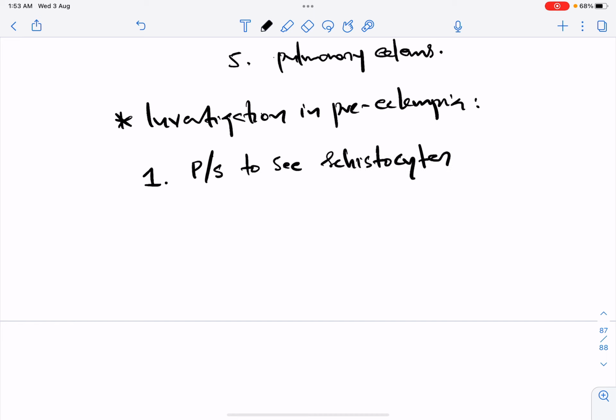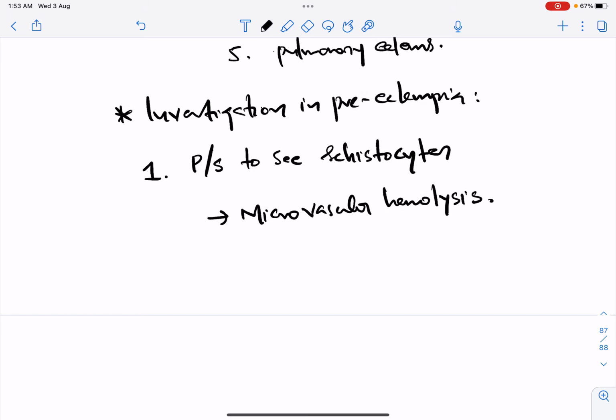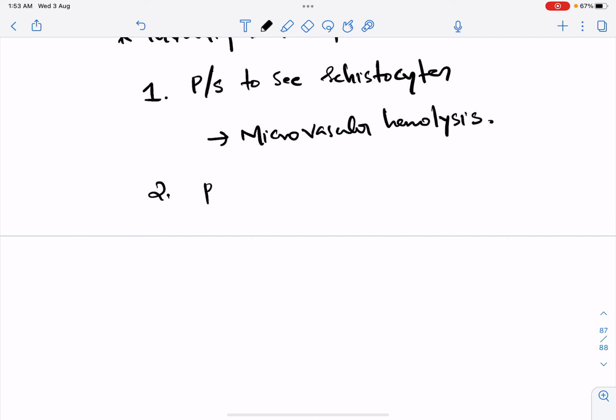The presence of schistocytes in the peripheral smear suggests microvascular hemolysis. Okay, then you have to check platelets.